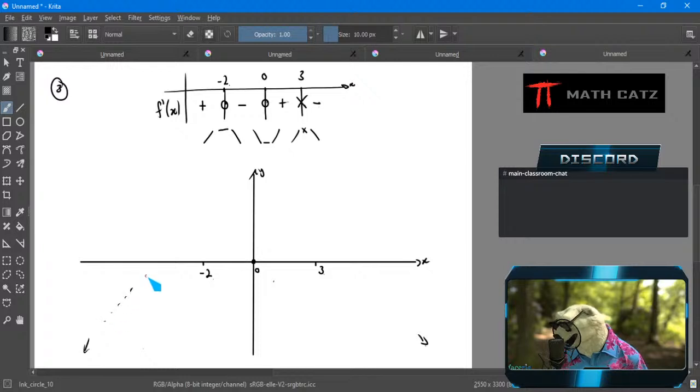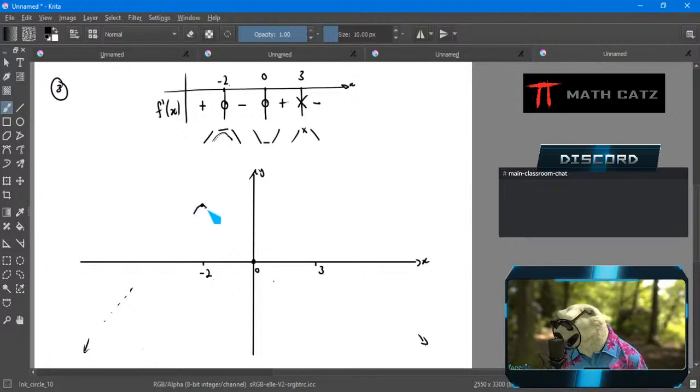I have to go up. And then turn around at -2, go down through the y-intercept. Okay, so my critical point has to be fairly high, or above the x-axis at least.